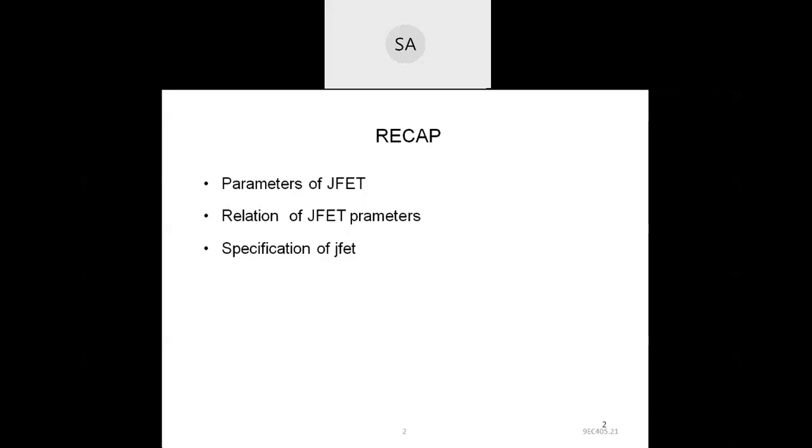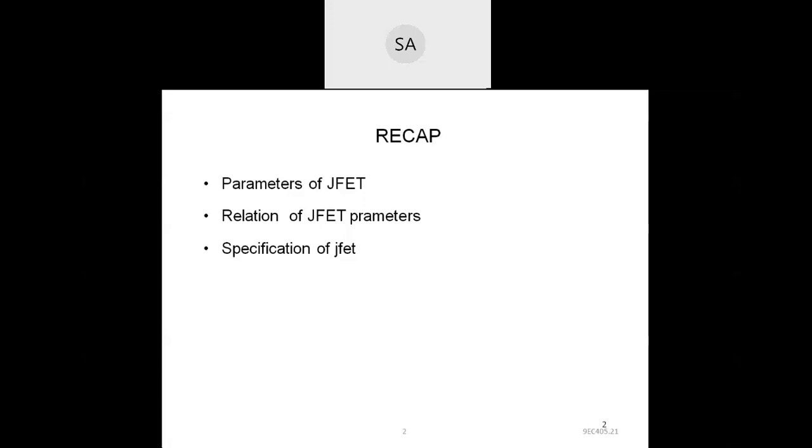The amplification factor is defined as the ratio of change in the drain to source voltage and change in the gate to source voltage by keeping the drain current constant, and there will be no units for amplification factor. The next one is the relation of JFET parameters. The relation is amplification factor mu is equal to rd into gm, that is drain resistance into transconductance.